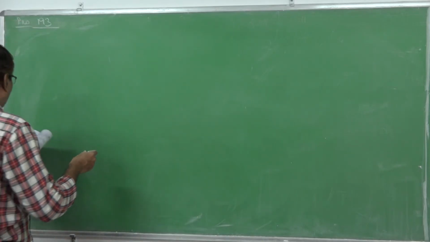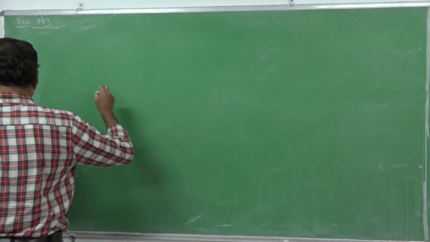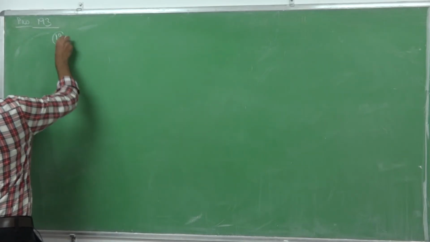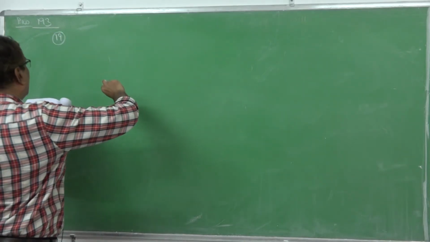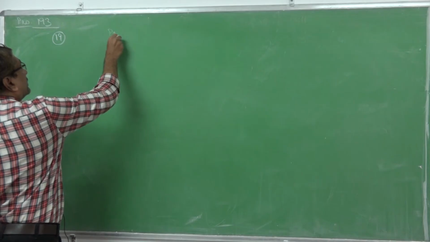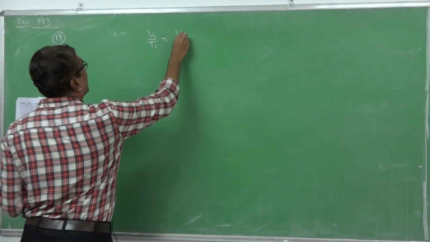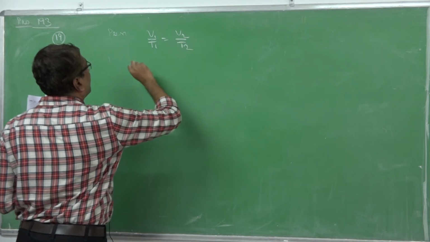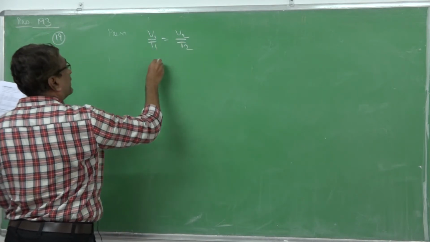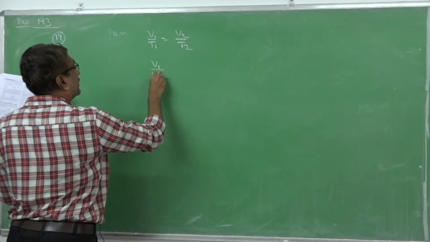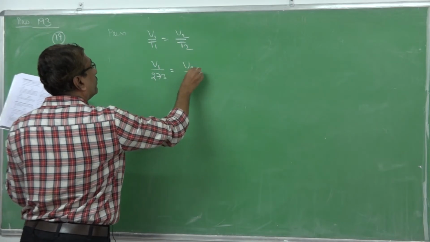Here in this problem, pressure is constant, starting from 0. So pressure is constant means V1 by T1 is equal to V2 by T2. Starting from 0 degrees centigrade, that means V1 by 273 is equal to V2 by T2.